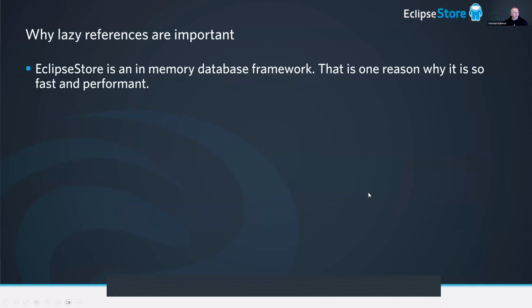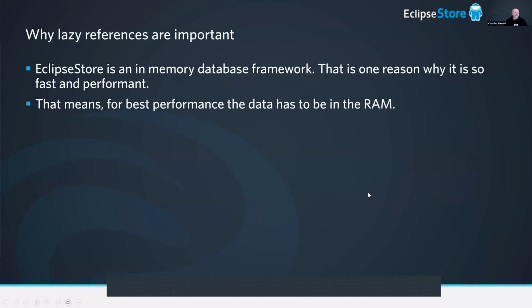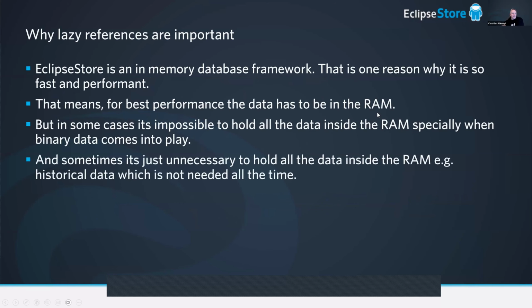Why lazy references are important: as I mentioned, EclipseStore is an in-memory database framework. That is one reason why it's so fast and performant. Of course, you get the best performance when the data is in the RAM. But as I said, it's not always recommended to have all data in the RAM, especially when we talk about blob storages or binary data.